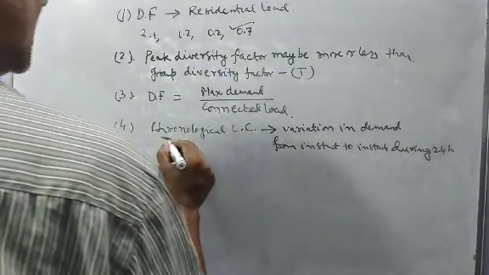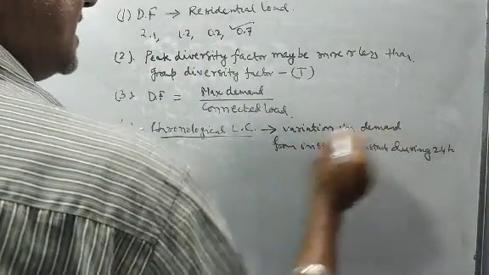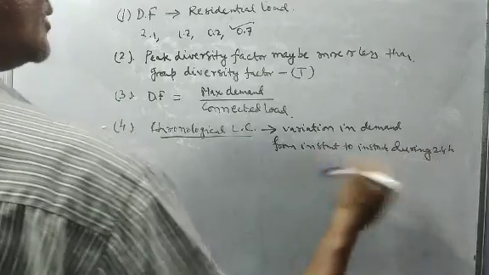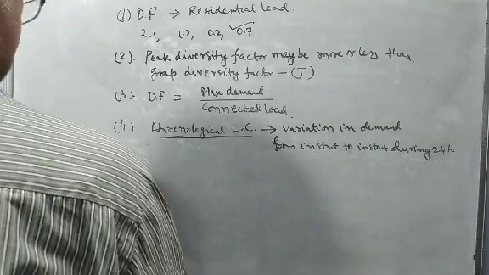The chronological load curve depicts the variation in demand from instant to instant during 24 hours.